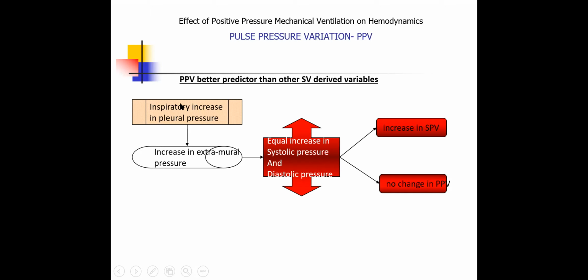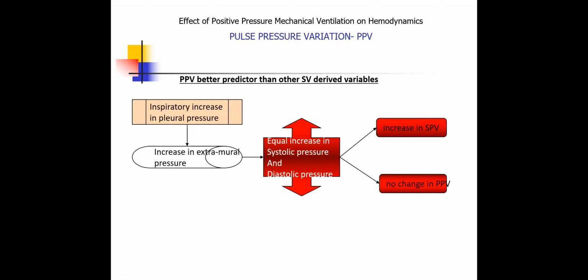Clear? Inspiratory increase in pleural pressure, increase in extramural pressure, equal increase in systolic and diastolic pressure. Increase in systolic pressure will lead to increase in systolic pressure variation, but since there is also an increase in diastolic pressure, there would be no change in PPV unless the patient is hypovolemic.